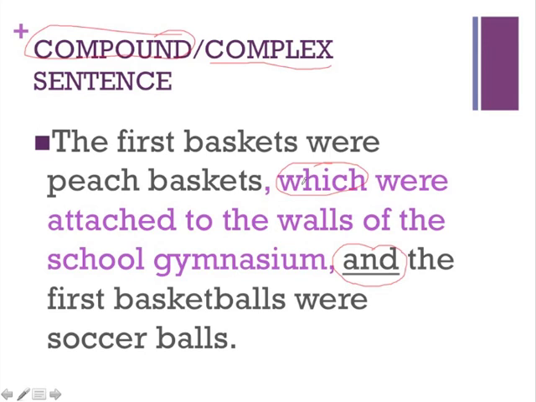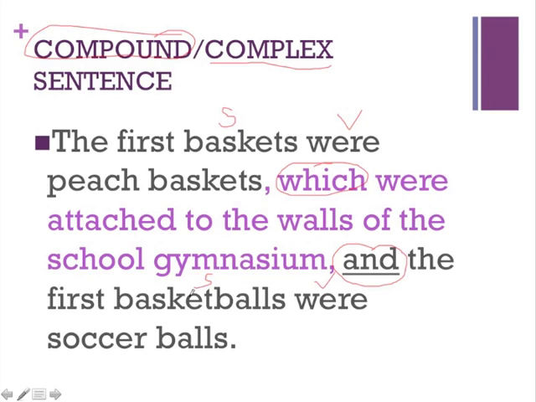Well, again, notice for a moment. Let's ignore the part in purple, and notice the part that's kind of in this gray here. The first baskets were peach baskets, and the first basketballs were soccer balls. So notice in this case we do have a subject, and we do have a verb. And again, as we move down to basketballs, we have another subject and another verb.